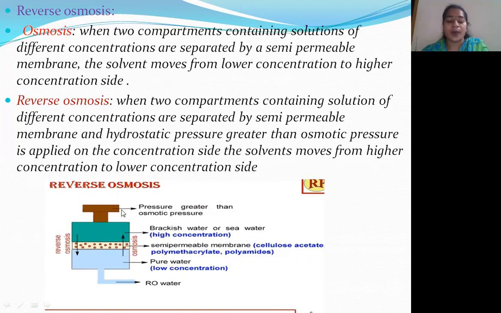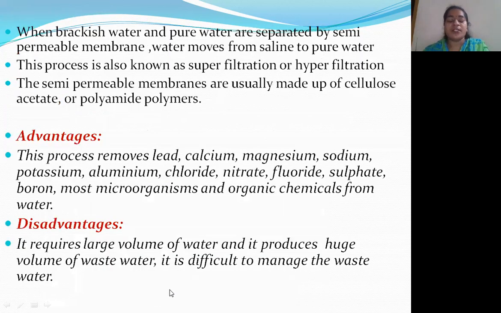When we apply hydrostatic pressure greater than the osmotic pressure, the water moves from the higher concentration side to the lower concentration side. So finally we get water which is free from salts, and this water we call RO water or reverse osmosis water.